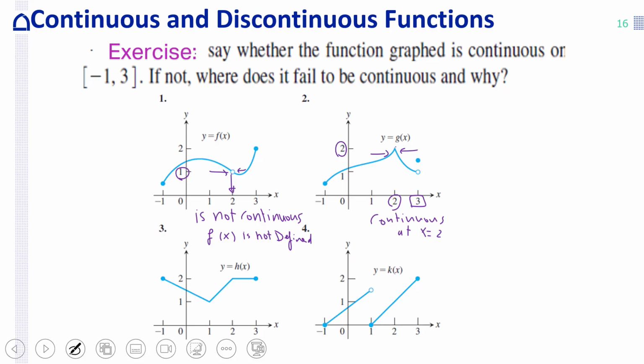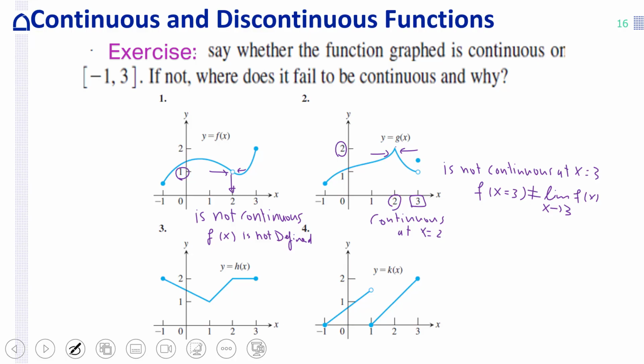No, it is not continuous at x equal to 3. Why? Because the function at x equal to 3 is not equal to the limit of the function when x approaches 3.